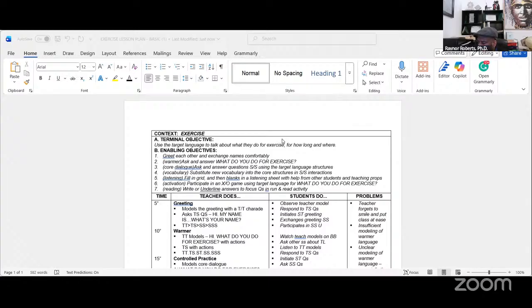First, you want to have context. You should always think about the context. Well, again, let's back up a second. When you're writing the plan, you're writing the plan for yourself and your colleagues who might have to cover your class. That's first and foremost. You're not writing a plan for the benefit of the principal, to make the academic director happy, or the supervisor.